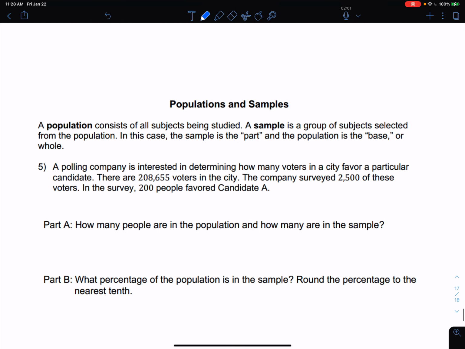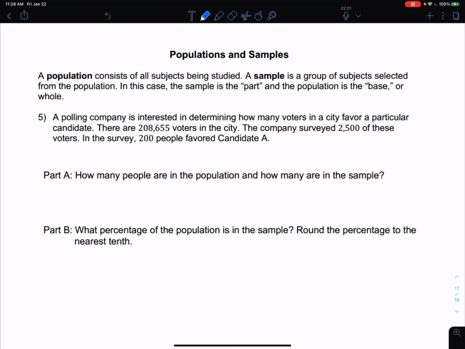Now let's switch gears a little bit and talk about populations and samples. So we've got a definition that a population consists of all subjects being studied, and a sample is a group of subjects selected from the population. So in this case, the sample is the part, and the population is the base or the whole.